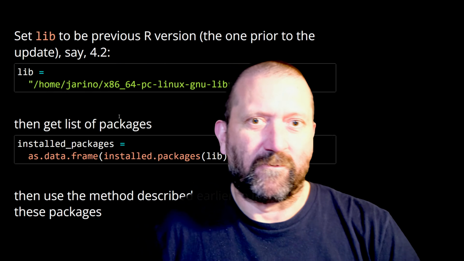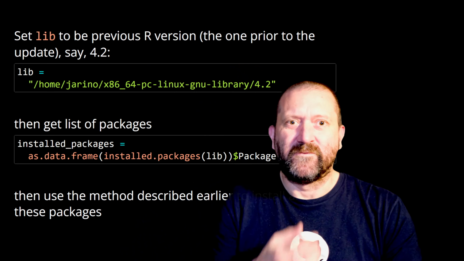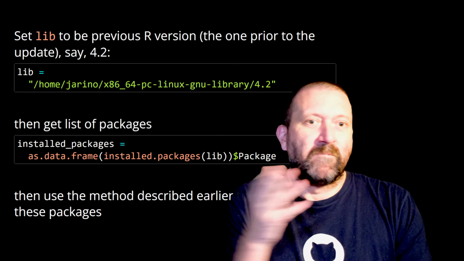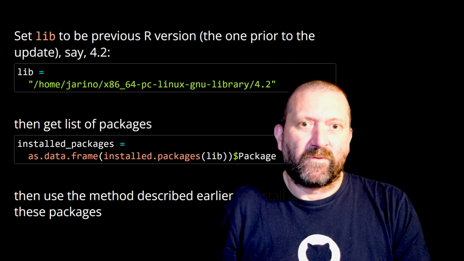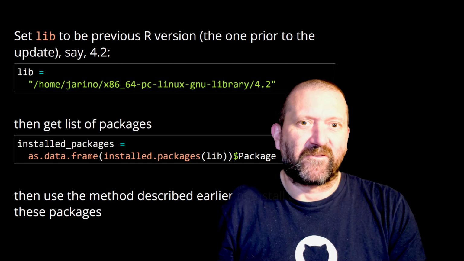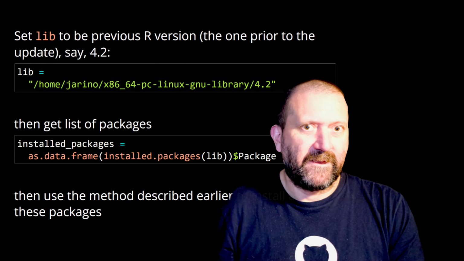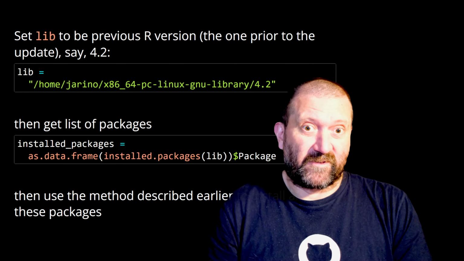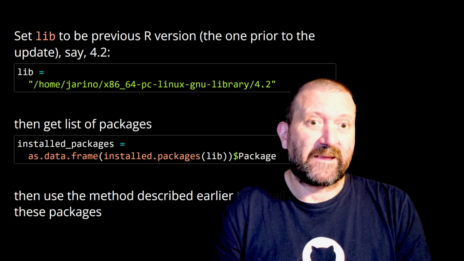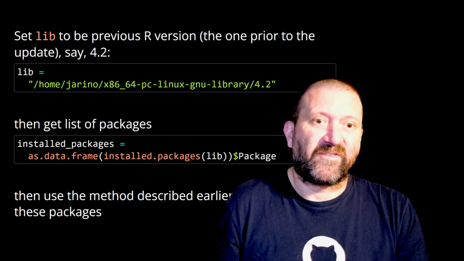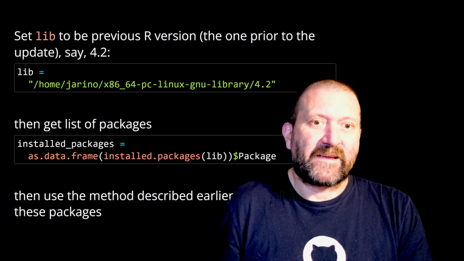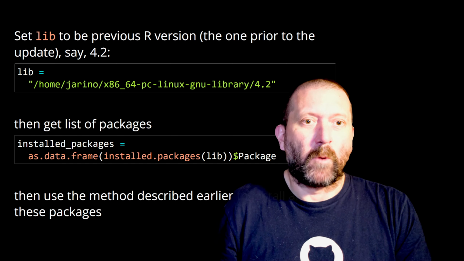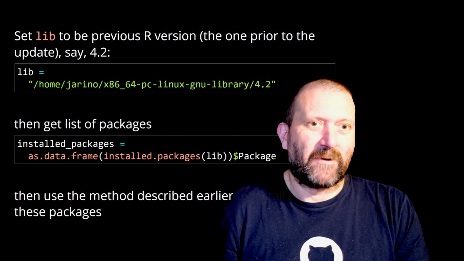And so here, for example, I'm showing you how to do this. Suppose my previous version is 4.2, therefore all my packages are installed in this directory here. What I want to do is, for example, get the list of installed packages, but where I'm going to check what packages are installed in this particular directory.